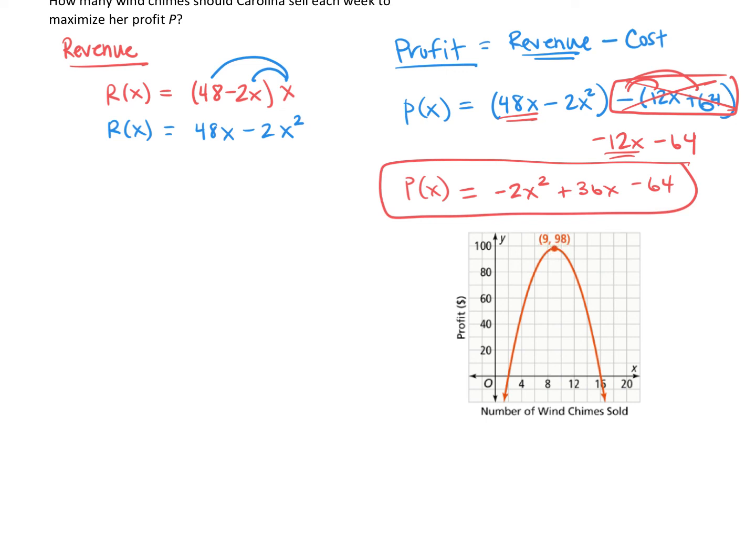That means if she sells 9 wind chimes, she will maximize her profit at $98. If she's selling less than that, her profit's not as much. As she sells more, her profit is going down because of the cost involved in making the items. But this answers the question, how many wind chimes does she need to sell to maximize her profit? 9. And that maximum profit will be $98.